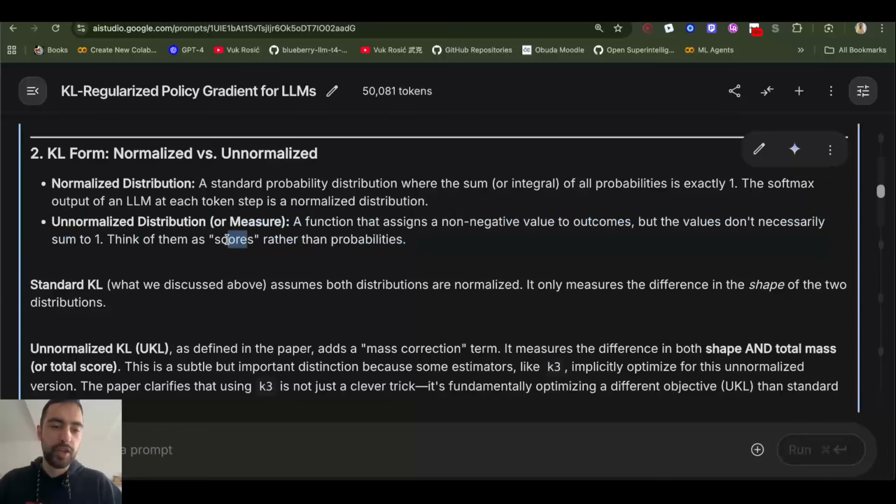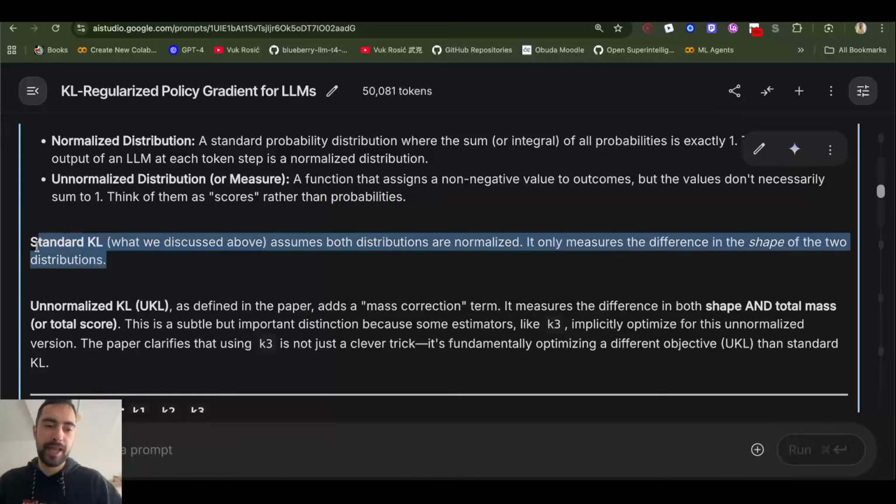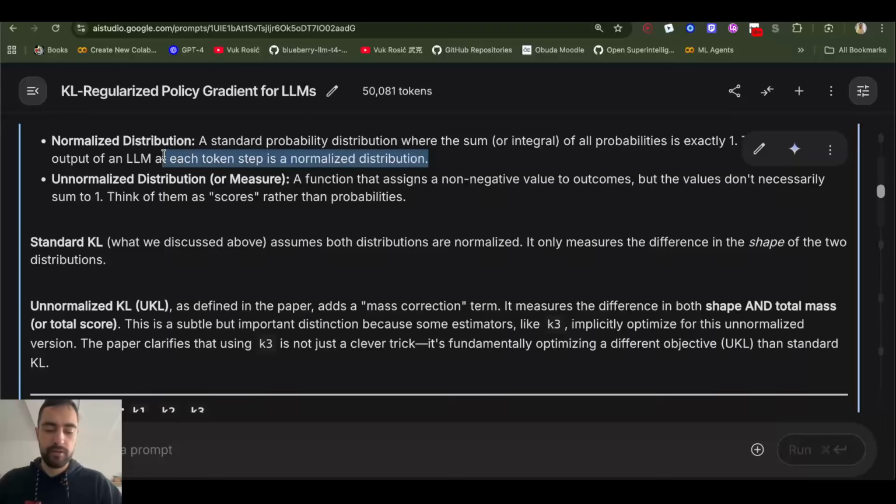So they are scores rather than probabilities. So our forward and reverse KL divergence works on the normalized, when they sum up to 1. And now I'm just explaining different things that are done in reinforcement learning, and later we will explain how to improve them as per the paper.